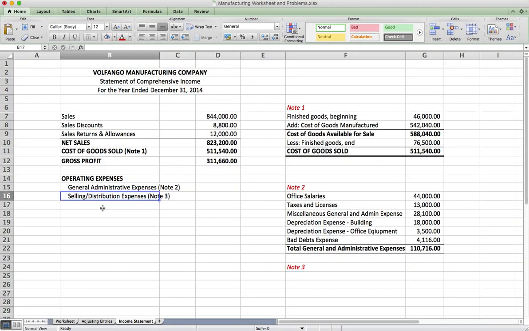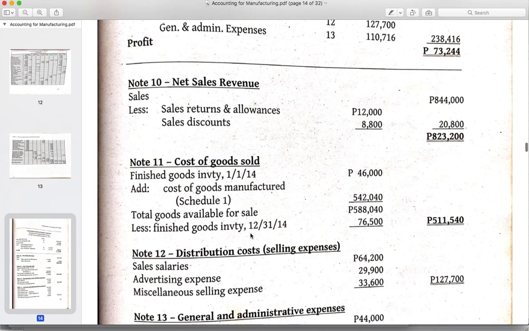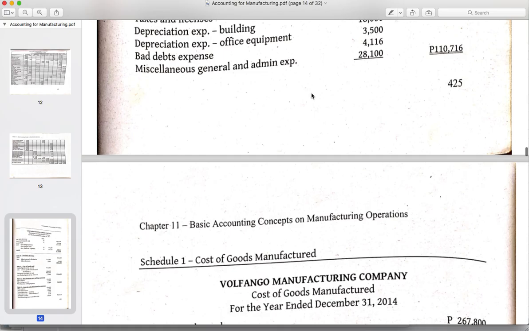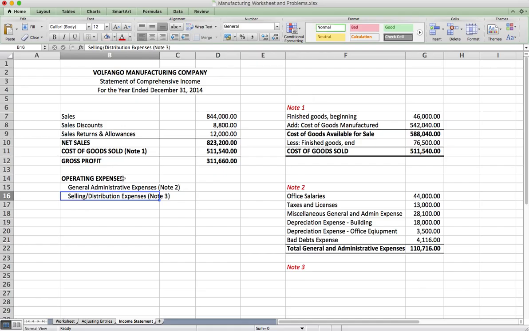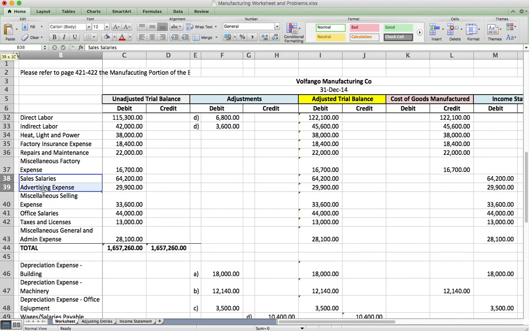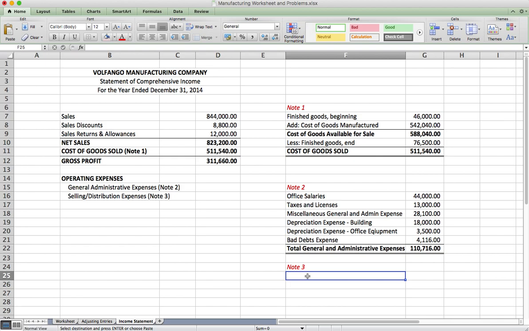Your selling and distribution expenses. What is this? Selling and distribution expenses. We have, bakit tayo dito nakatingin? Dito. Yung mga sales salaries, advertising, and miscellaneous selling. Okay?